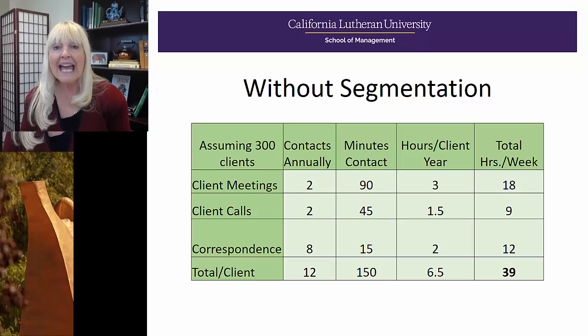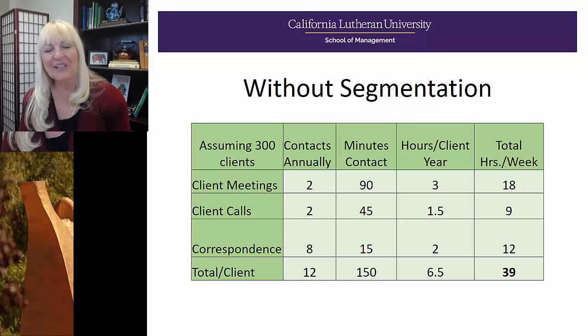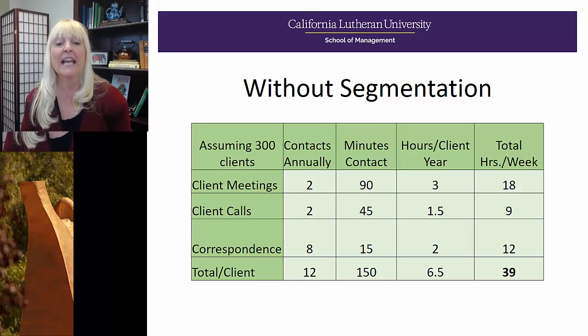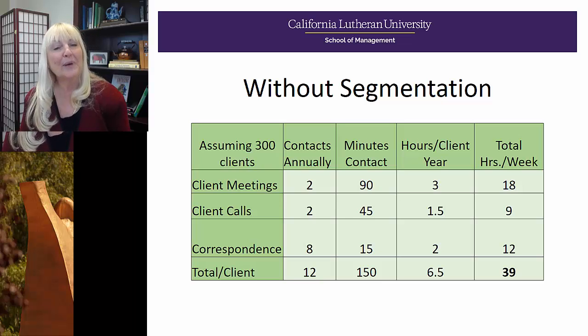And you have that recommended 12 touches per year, and you add up the minutes and you add up the hours per year and you look at the hours per week. And in this example, to get to all of your clients the way you want to, it's going to be 39 hours a week.